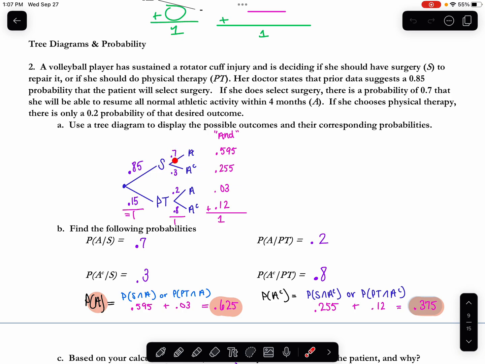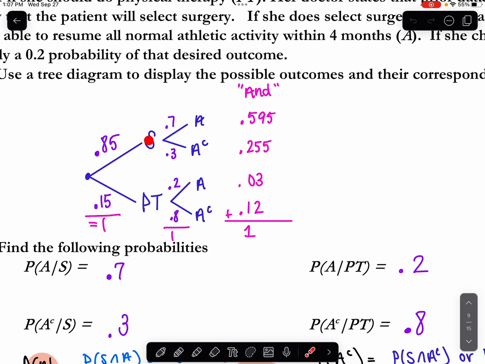But there's another chance: she could have the surgery and still be in pain, it didn't fix it, and she won't be able to resume normal activity in 4 months. That's the complement. If these have to add to 1, and this is 0.7, this is 0.3.